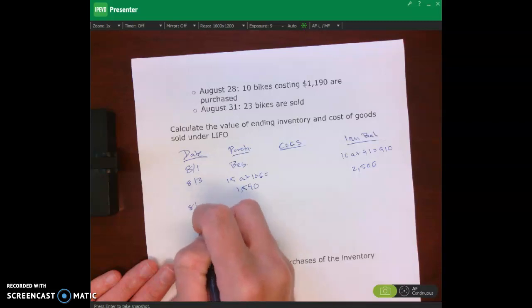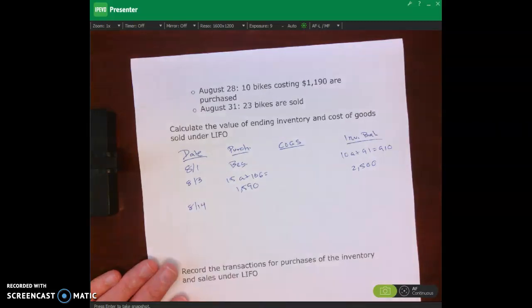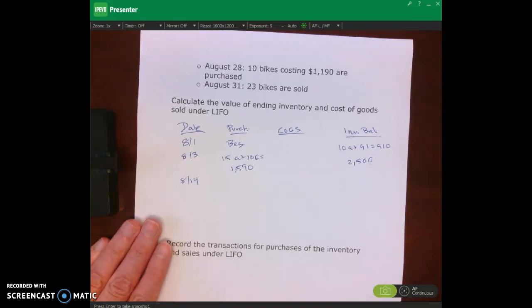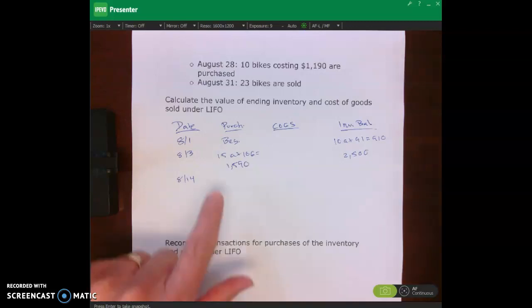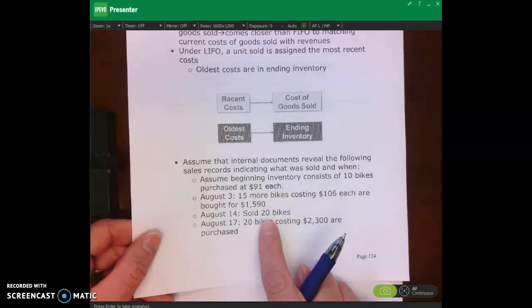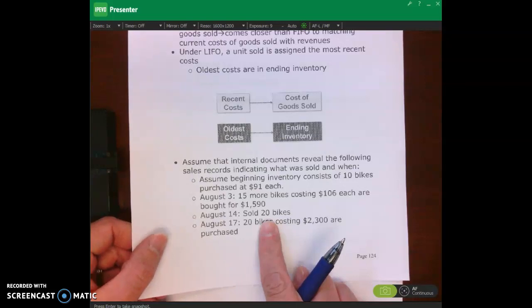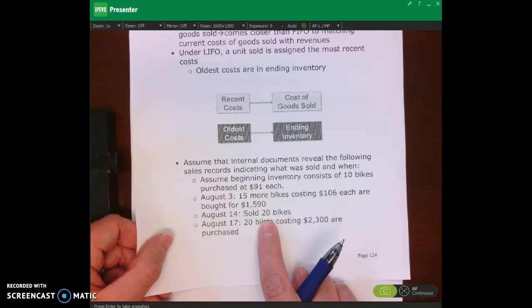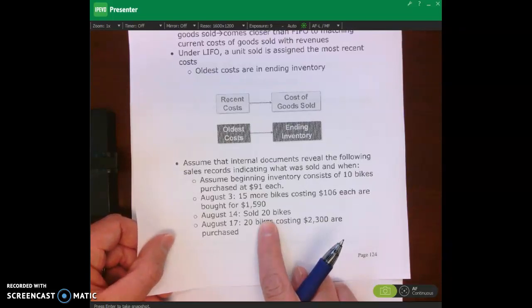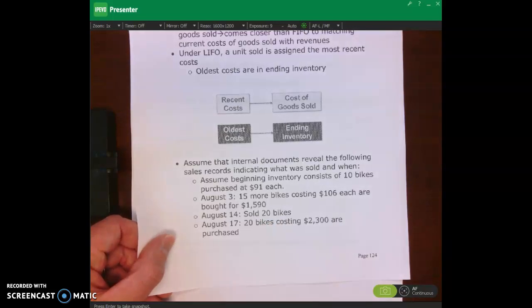On 8/14, we look over here, and I'm getting these numbers. This is the same as what we did with first in, first out and specific identification. It says I sold 20 bikes. But unlike specific identification, it doesn't tell me I sold 8 bikes at 91 and then 12 at the 106, because we don't know that. We're assuming now we're selling tons of bikes each day, and we can't keep track of that.